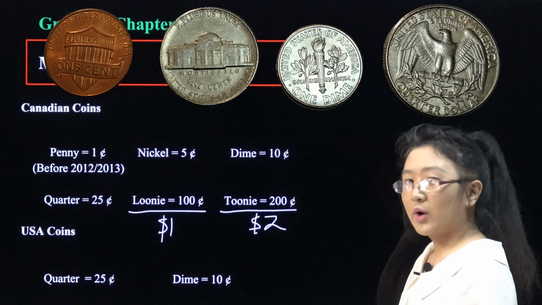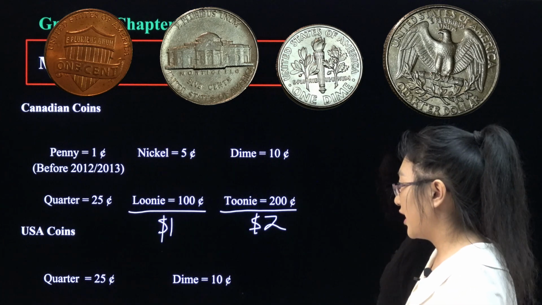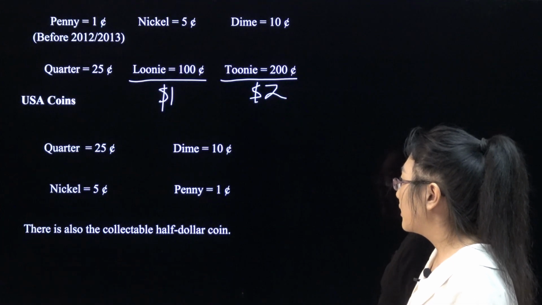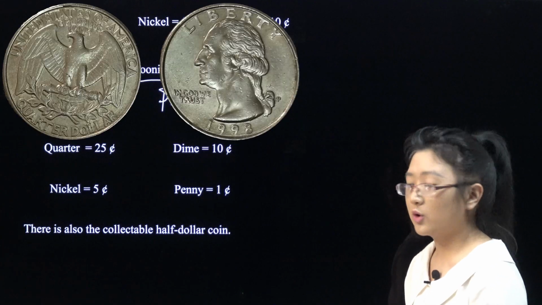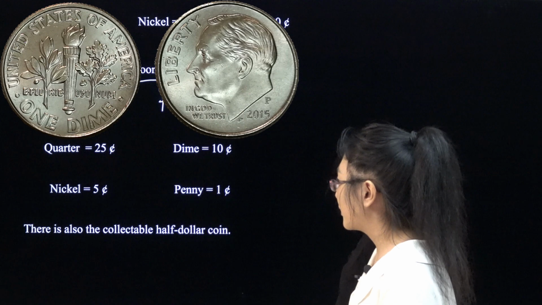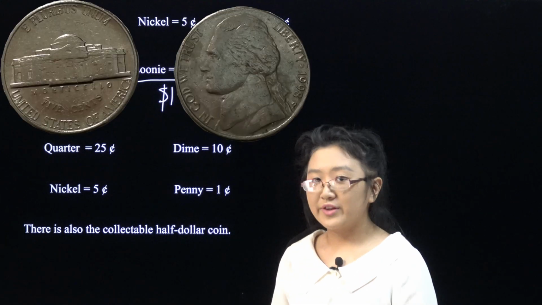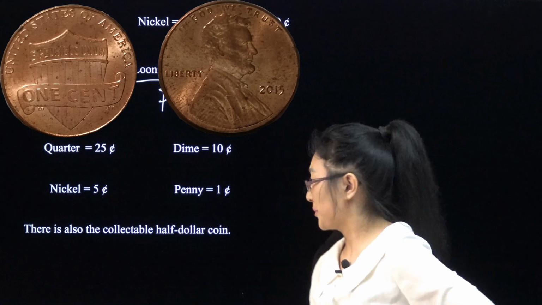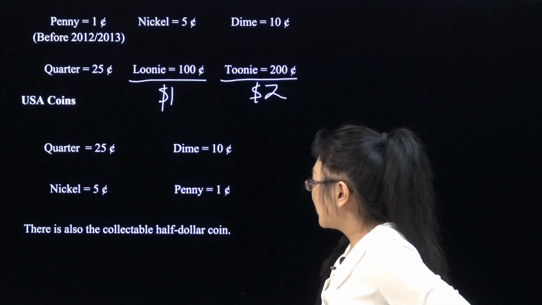So moving on to the coins that the United States of America has, they have the quarter, the 25-cent coin, the dime, the 10-cent coin, the nickel, the 5-cent coin, and the penny, which Canadians don't have anymore. And the penny is 1 cent.